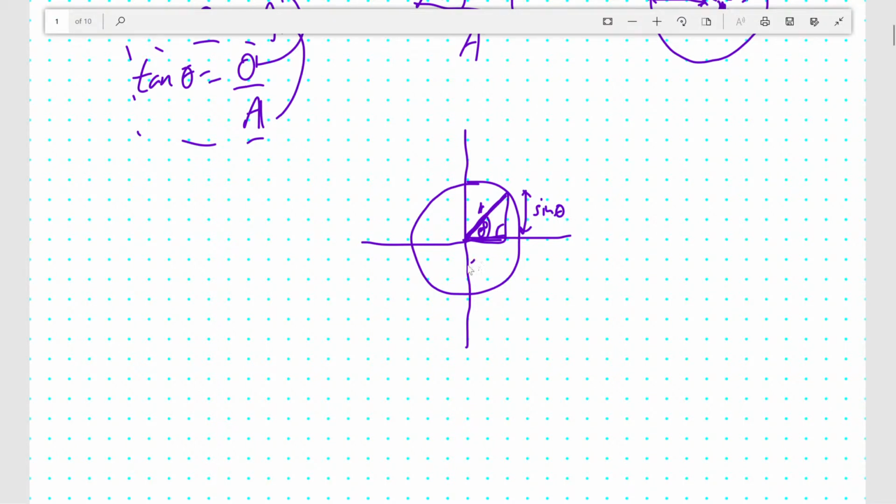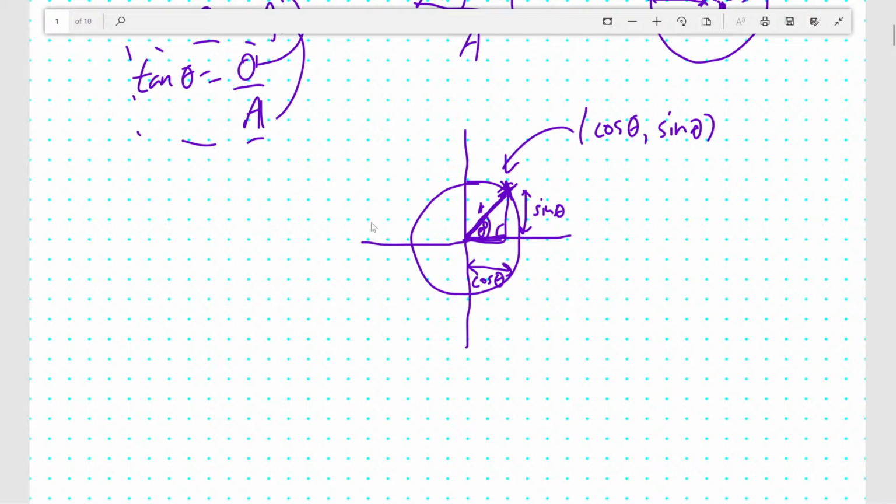And the distance here, which is the adjacent side of the triangle, and the hypotenuse is 1, so it's going to be cosine theta. And so on the unit circle, for any theta here, this point where it reaches the circle is going to have the coordinates cosine theta, sine theta.